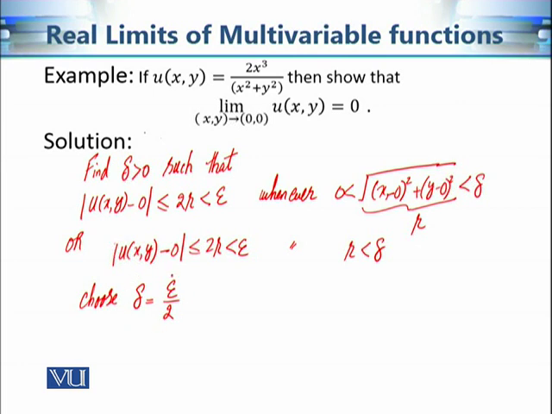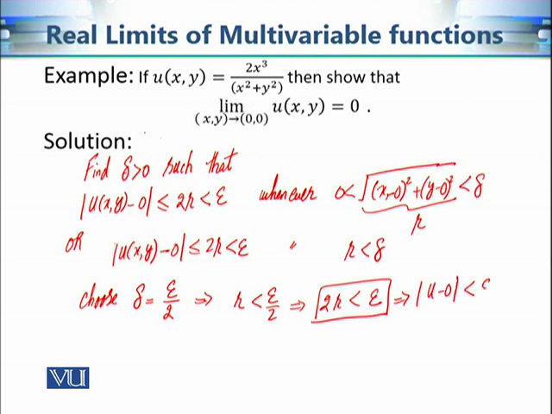Then r less than epsilon by 2 implies 2r is less than epsilon, and this implies the distance between u and 0 is less than epsilon. So if we choose delta to be epsilon by 2, then we can easily show that the limit of u(x,y) is in fact 0.